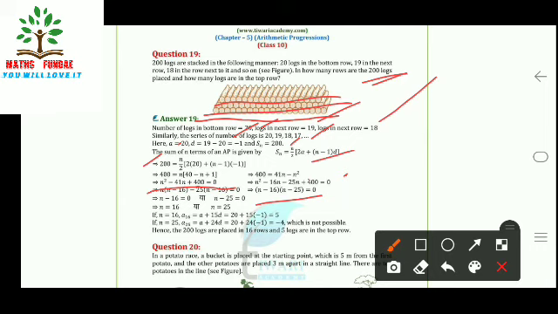We have to take only n is equal to 16, because if we take n is equal to 25, then a25 comes as minus 4. Minus 4 is not possible. So we take only the value n is equal to 16, not 25.